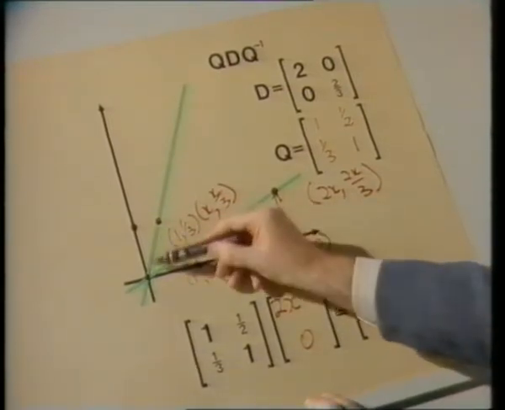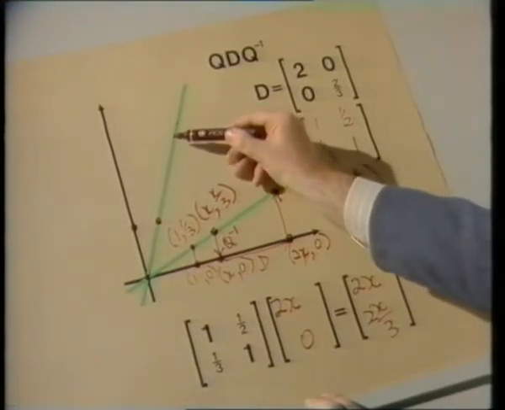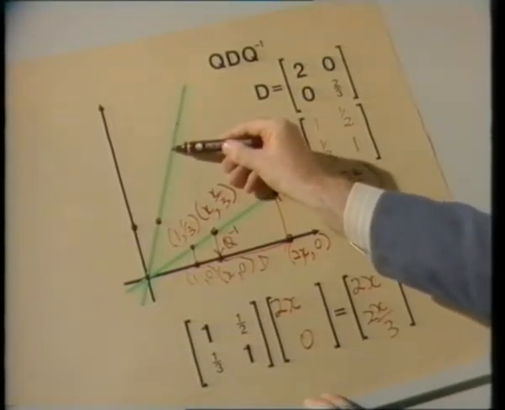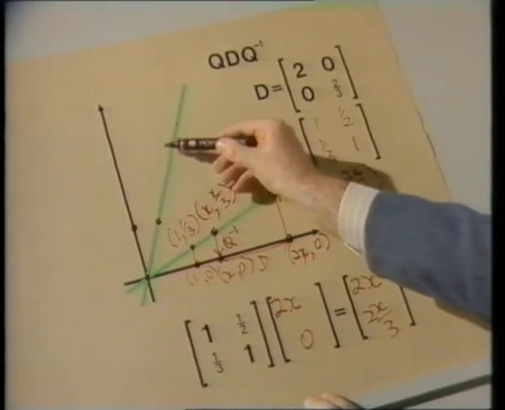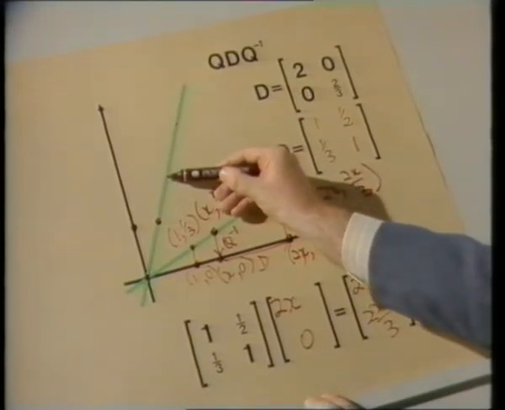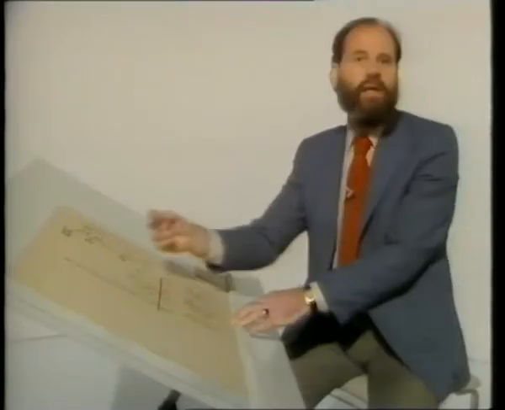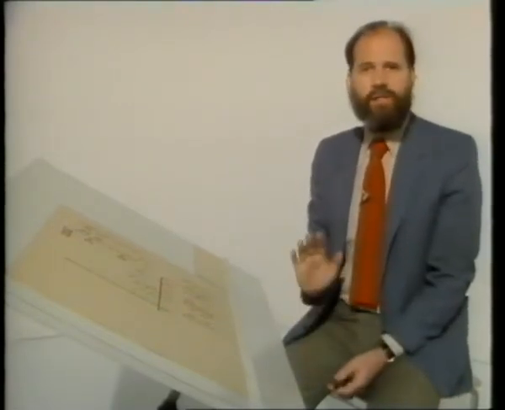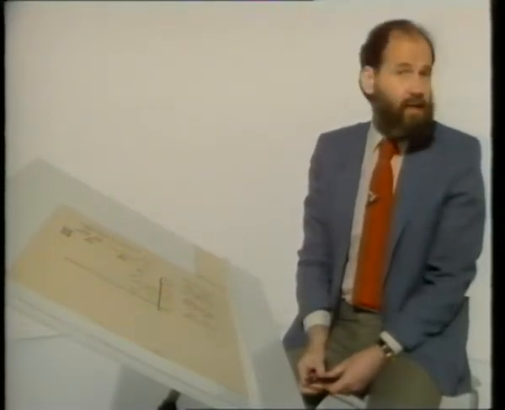And the same thing happens along the other eigenline. If we take a point on the other eigenline, it will be scaled by a factor of 2/3. So now we know that QDQ to the minus 1 does the same thing as the original matrix for all points on the eigenlines. And by the parallel lines argument, the same thing is true for all points in the plane.